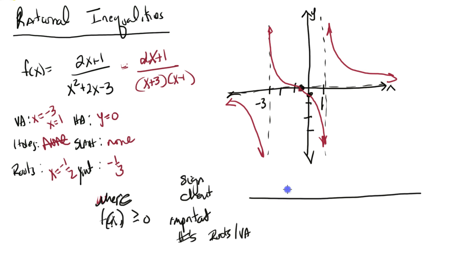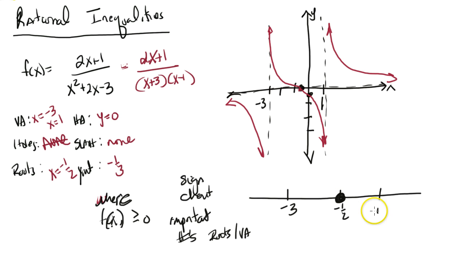So if I go back to the problem, I have negative 3. And what else do I have? I have a root at negative 1/2, and another vertical at positive 1. That's not to scale, so I'm not too worried about it. The root is negative a half, so I can make that a solid point.